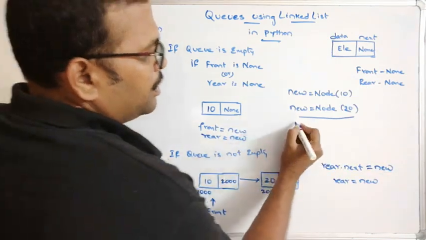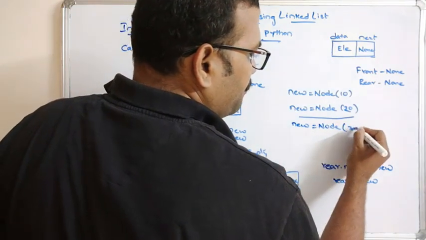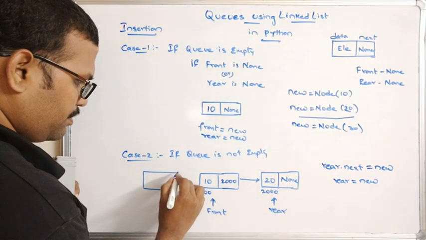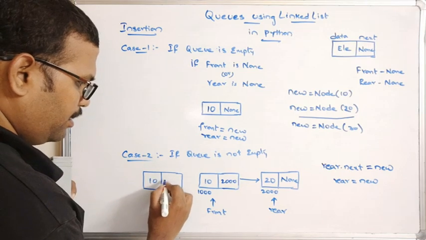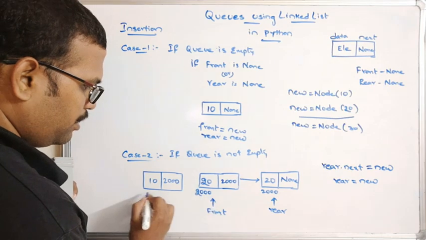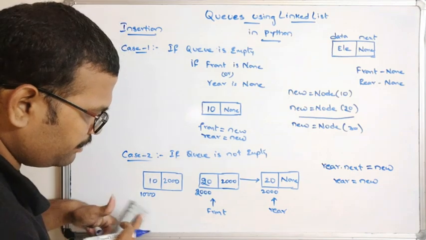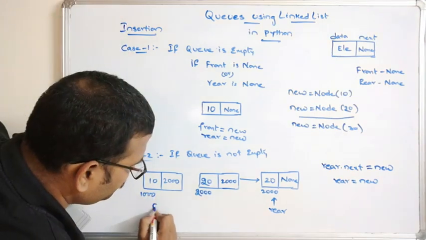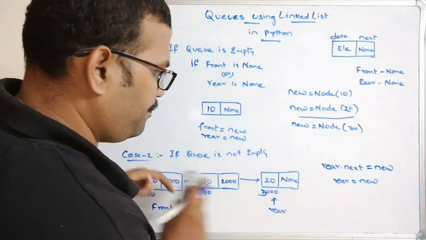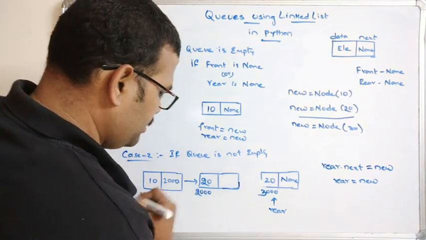For example, if you are trying to insert one more element, so node of 30. So let us take, this is a 10, this is a 2000, this is a 20, this is a 2000, this is a 1000, okay, and see, front is this one.